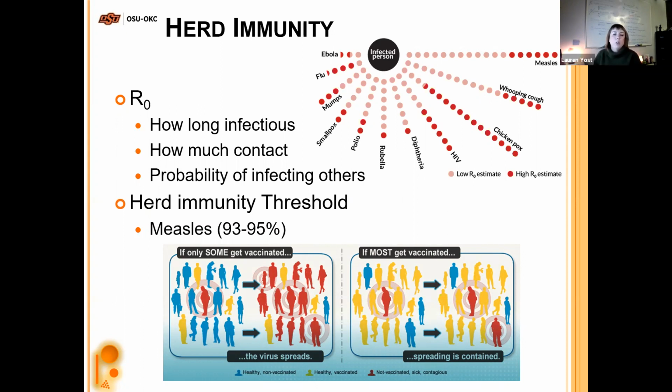So the lower the R0, there's ranges on this. It depends on what R0 we're looking at, but depending on that range, we might not be so concerned that it would be spread very easily. However, if you look at whooping cough and measles, those have a pretty high R naught. That means that they're going to be highly contagious and spread very easily.